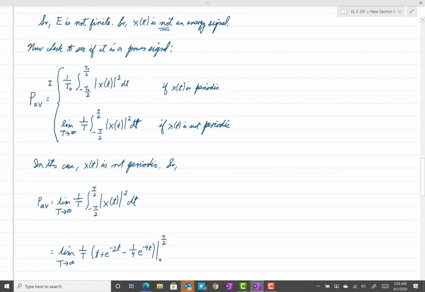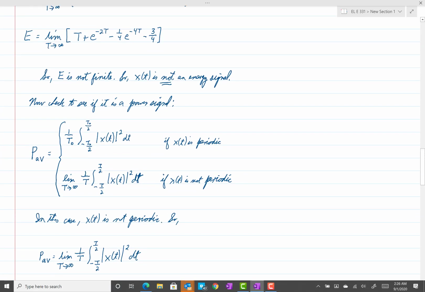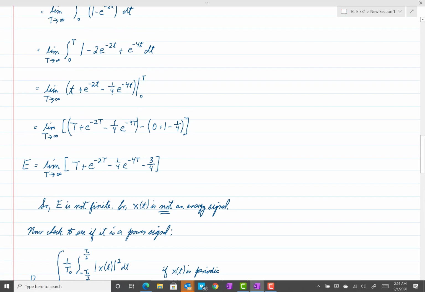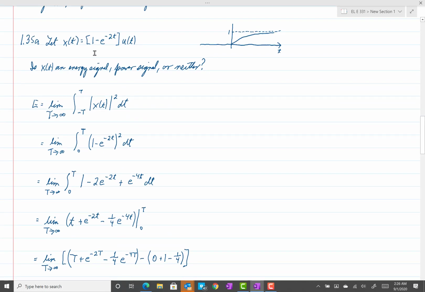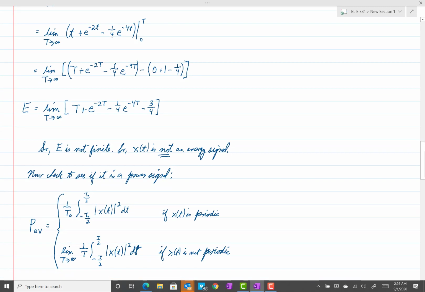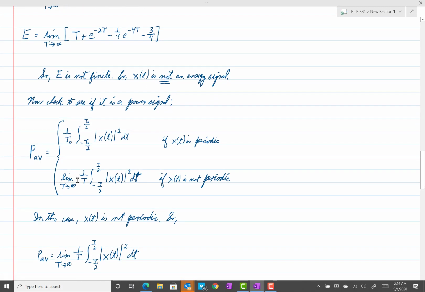Okay. So in this particular problem that we're looking at, remember this is problem 135a, where we have this function, 1 minus e to the minus 2t times u of t. And clearly you can see from the graph, this is not a periodic function. And therefore, we're going to have to use this second definition for the average power.